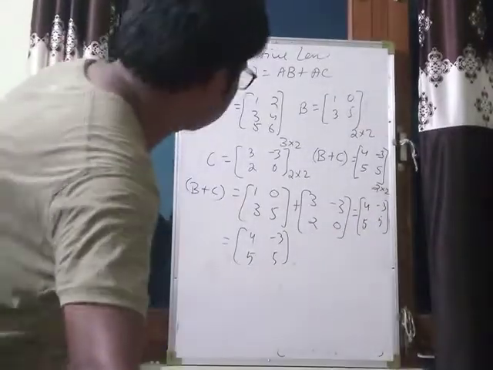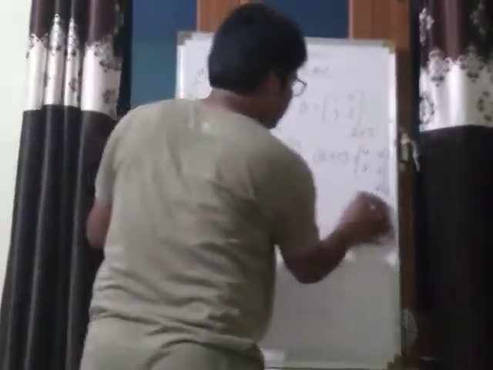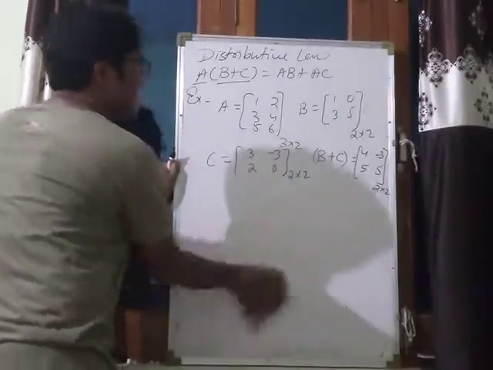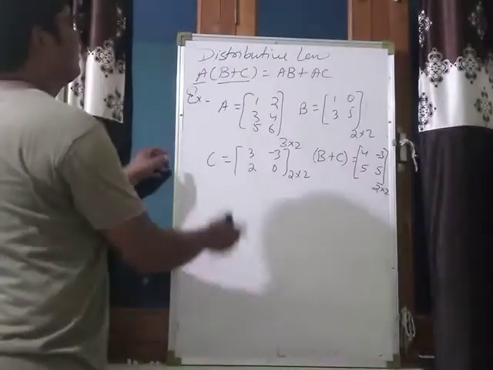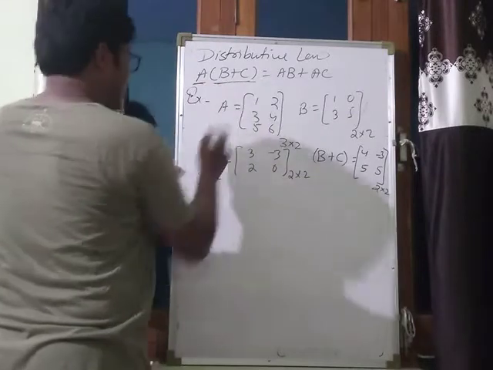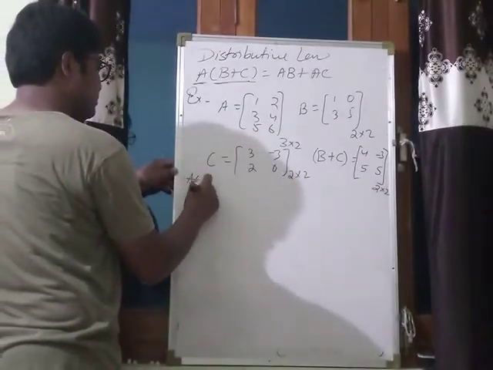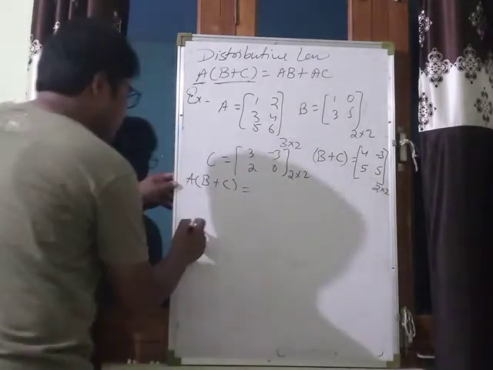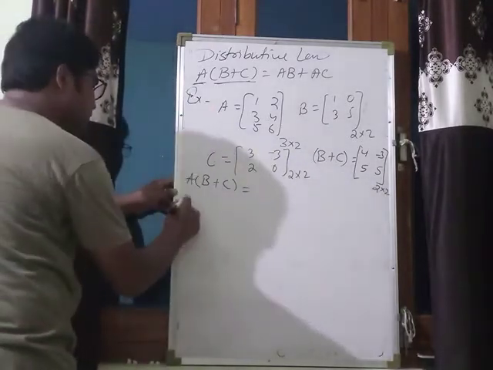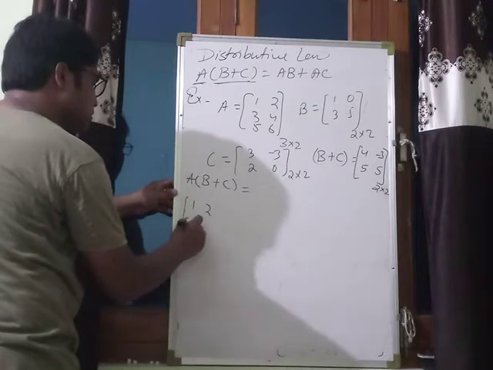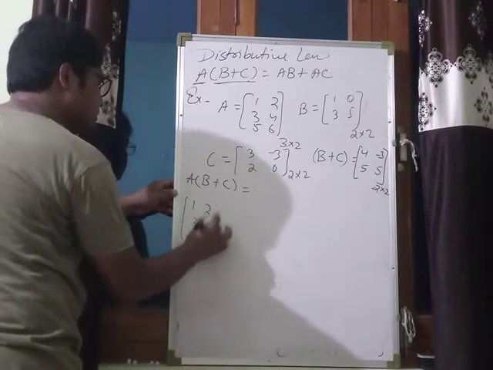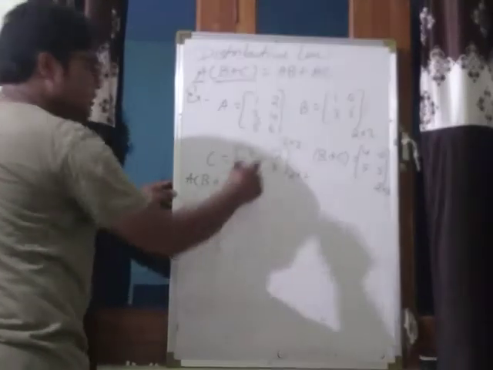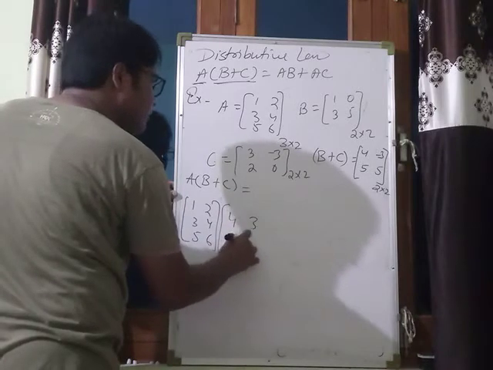Okay. So now we have to find A into B plus C. See what will become. A is 1, 2, 3, 4, 5, 6, and B plus C is 4, minus 3, 5, 5.